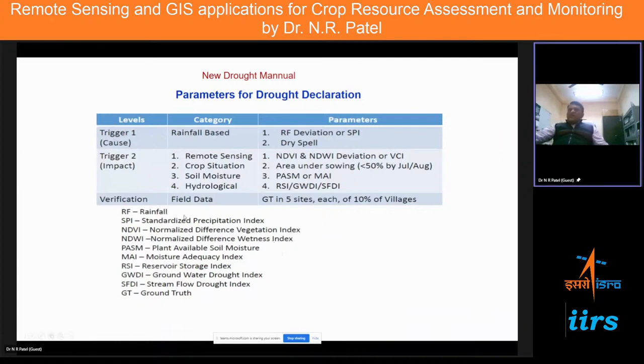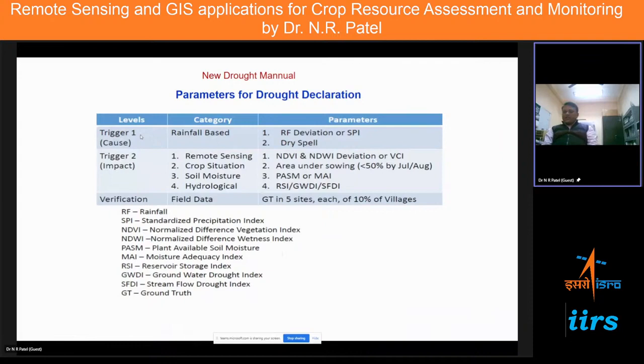Trigger 1 is mainly based on rainfall, or the standardized precipitation index. What IMD is monitoring is the deviation in percentile rainfall, or you can say the standardized precipitation index. This is a deviation in accumulated rainfall, or a particular month's rainfall.